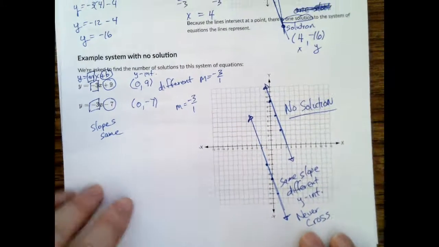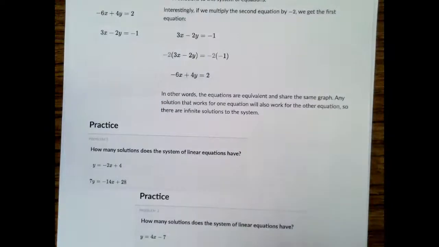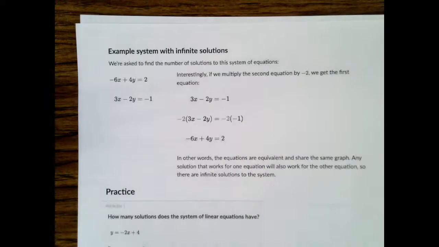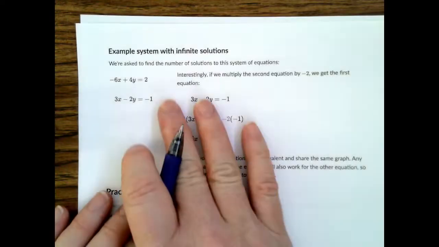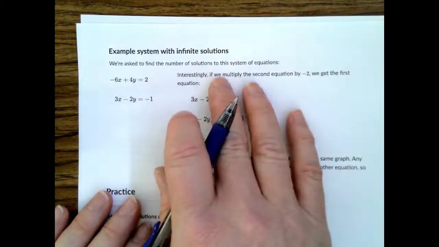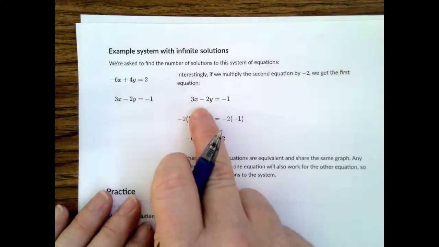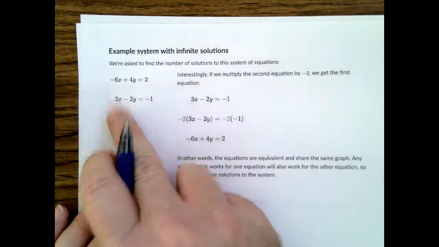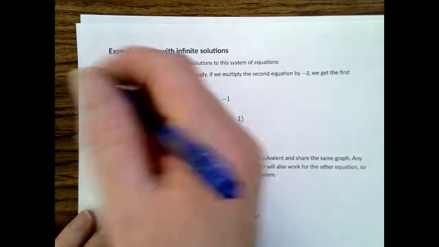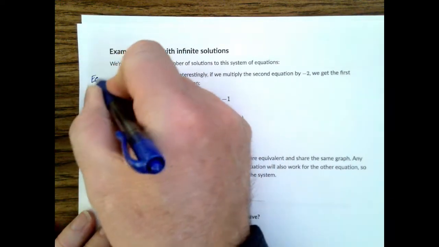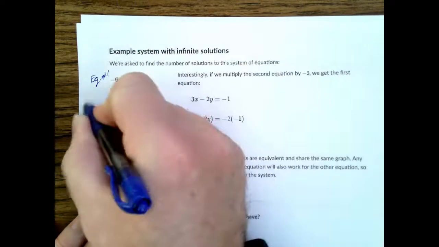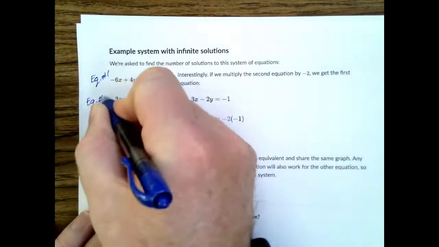And then our last one would be an example with infinite solutions. So here we have two equations, but they're in standard form, okay? So we're asked to find the number of solutions to this system of equations. Here's equation 1 and equation 2. Now before we start trying to solve it, we should just look at the equations.